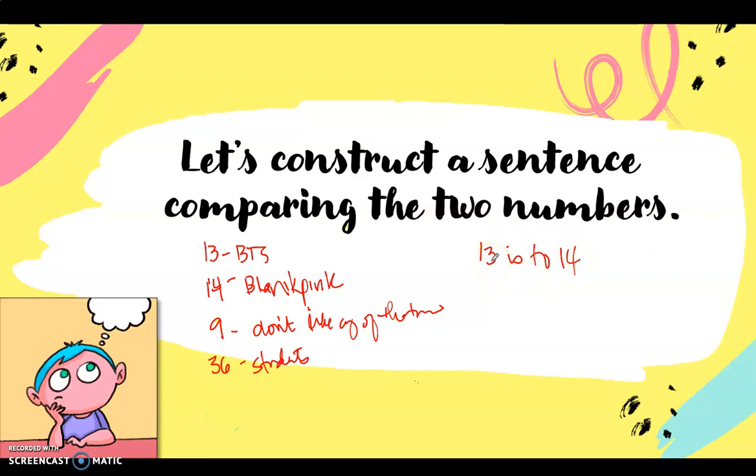If we also have students who don't like any of the two, and you compare them to the total number of students, we can say 9 is to 36. Now, this comparison is called ratio.